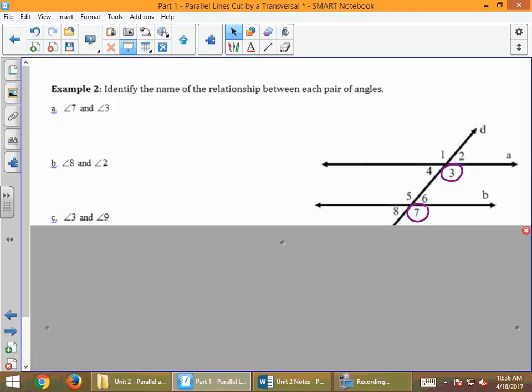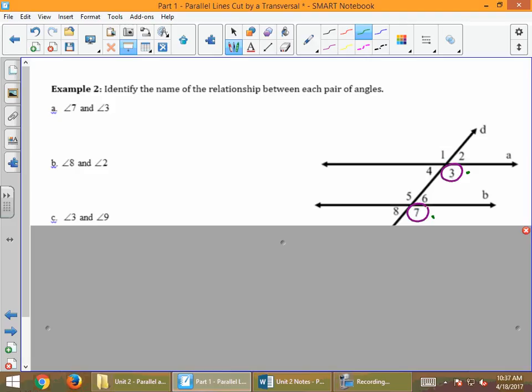So take a look at where these angles are sitting. They're not on the opposite sides of the transversal, so that rules out alternate exterior and alternate interior. They're on the same side of the transversal, but they're not both inside. 3 is inside, 7 is outside, so they can't be same side interior.